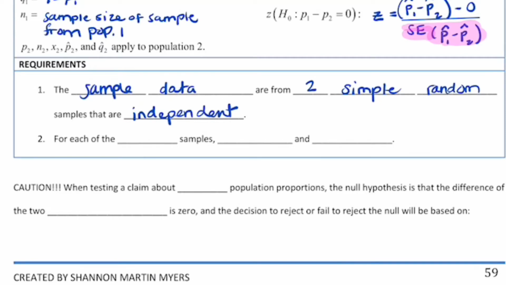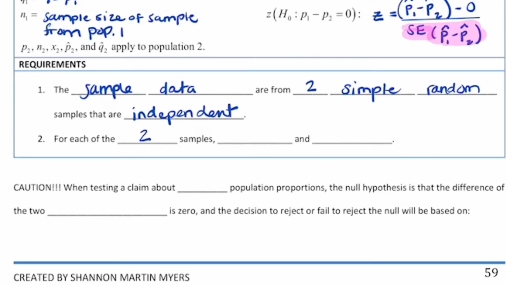And for each of the 2 samples, like I was saying before, some people say that your number of successes and your number of failures need to be greater than 10. So it just sort of depends on what you're looking at.